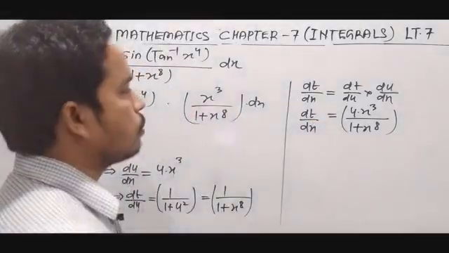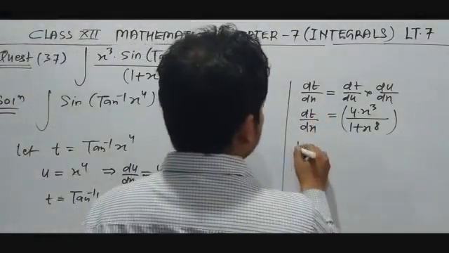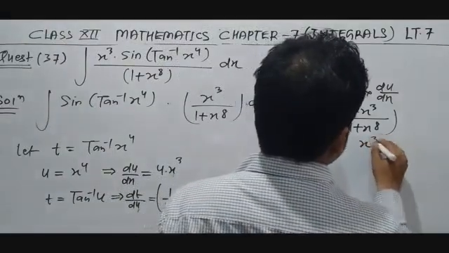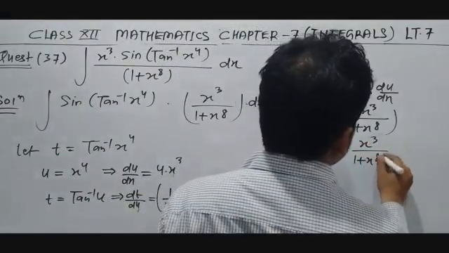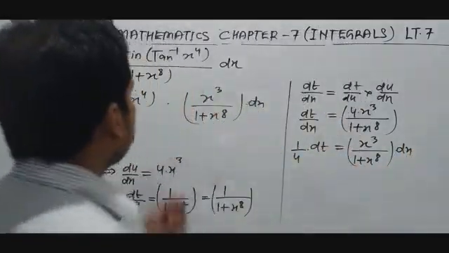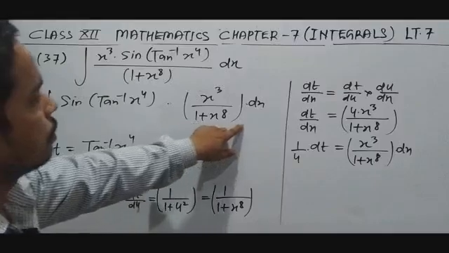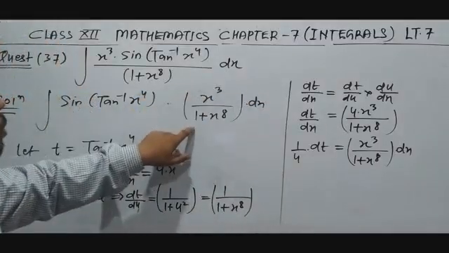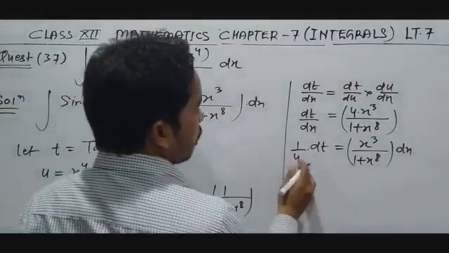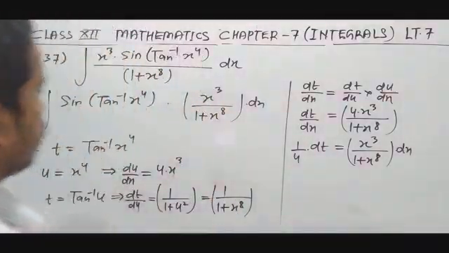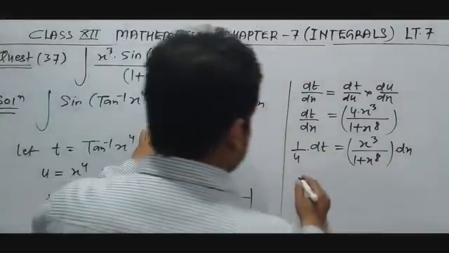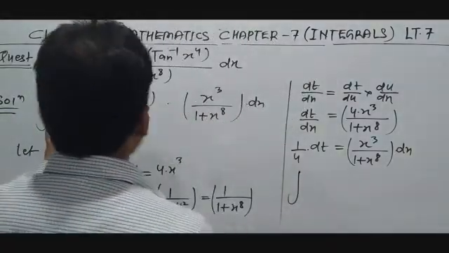Now you can calculate that 1 by 4 dt can be written as x cube whole upon 1 plus x to the power 8 with dx. So x cube upon 1 plus x to the power 8 dx in terms of dt is 1 by 4 dt.